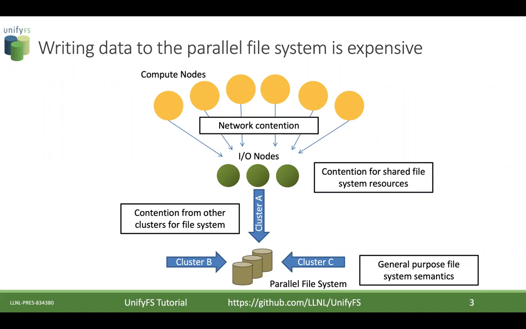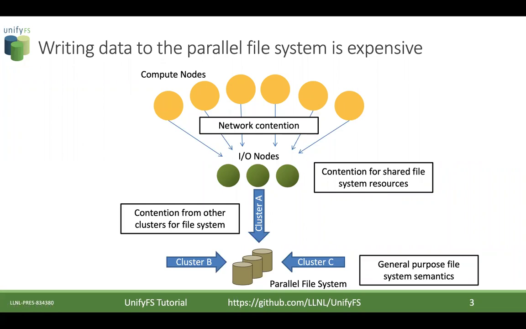Now, due to the cost of deploying large-scale parallel file systems, what often ends up being the case is you'll have one very large thing that is actually shared by multiple compute systems. And so you also see contention for using the parallel file system from other clusters.